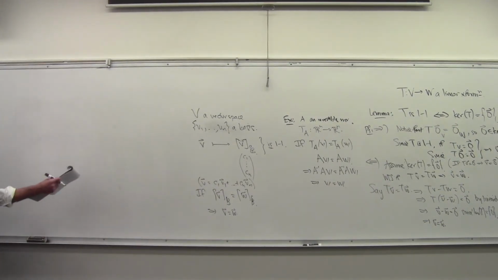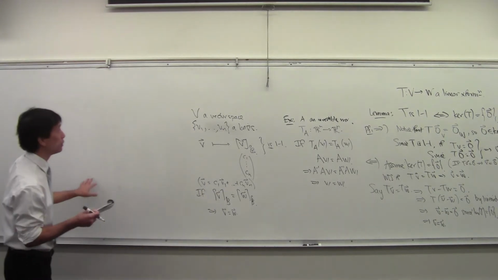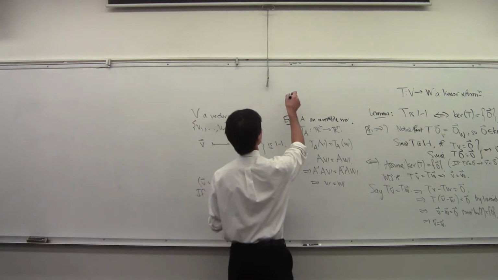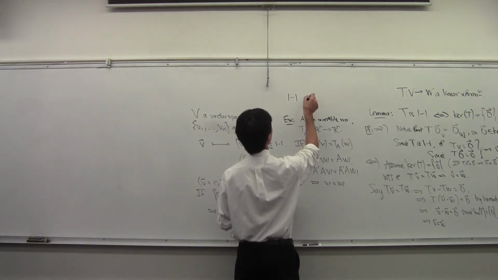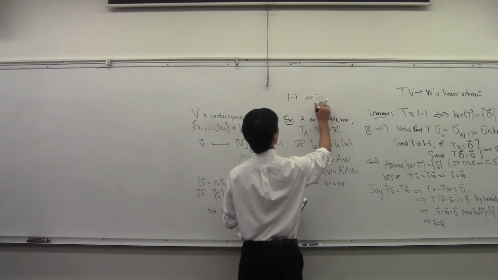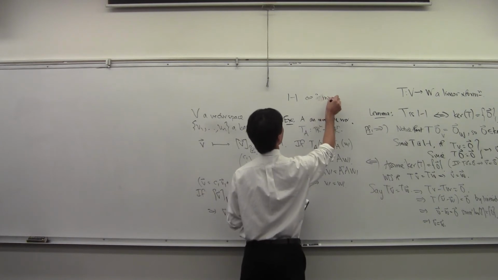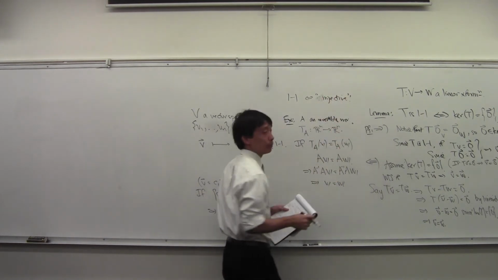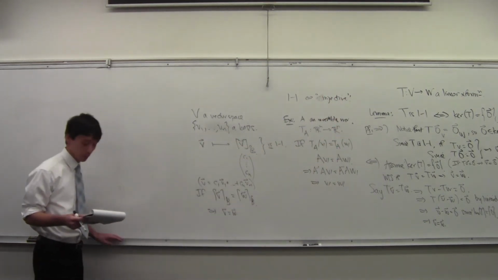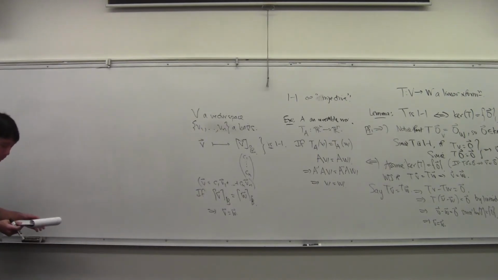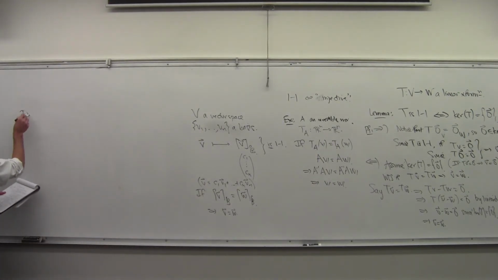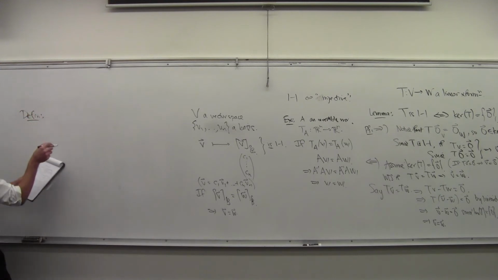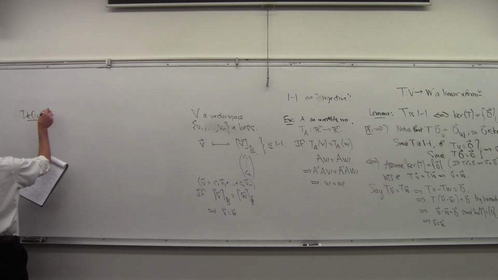Okay. Another idea. I should have said earlier that another term for one-to-one is injective. So you may see this term instead. Another related idea is the notion of onto.